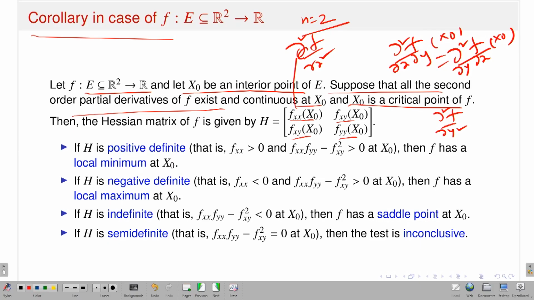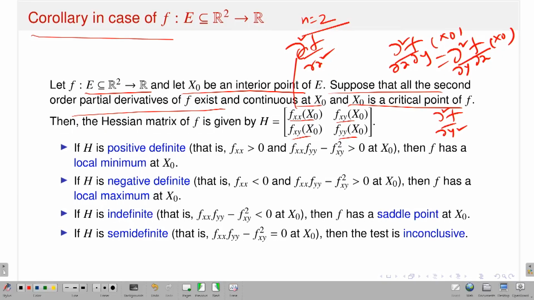Now, if I have a 2 cross 2 matrix, then in terms of the determinant and the 1 1 element, you can talk about positive definite, negative definite, indefinite and semi definite, and you can conclude about the existence of local maxima, local minima, or saddle point at the critical point x naught. So, look, if H is positive definite, that means for a 2 cross 2 matrix the determinant should be strictly positive at that point x naught, along with the 1 1 element, del 2 f del x square at x naught, being positive.